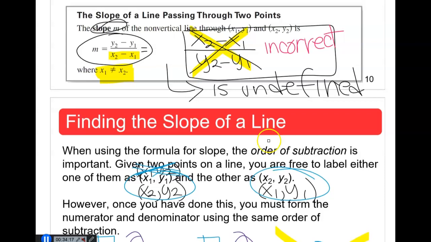So, okay, I erased that. Let's just make a little notation here that says if x sub 1 is equal to x sub 2, then m is undefined, m being the slope.